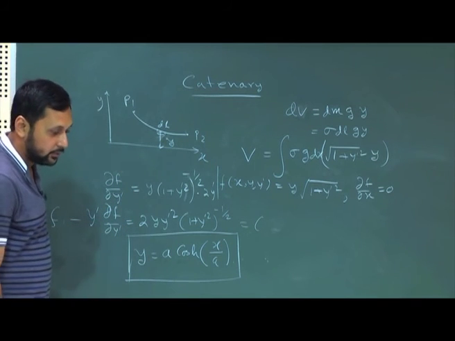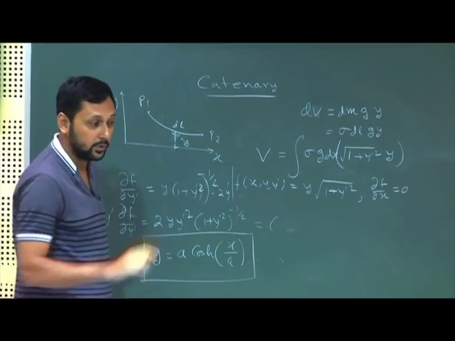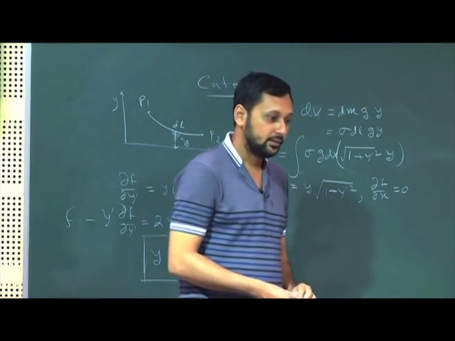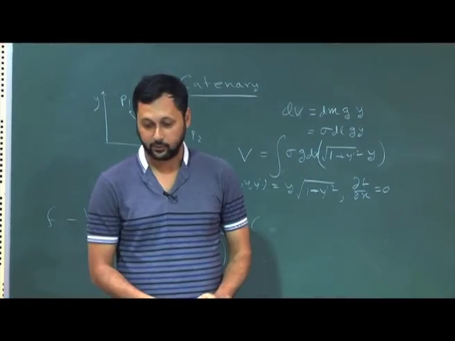Now, there is another condition given. If you look at the problem carefully, the length is given as L. Now, how do we include that into the equation? That is the question.